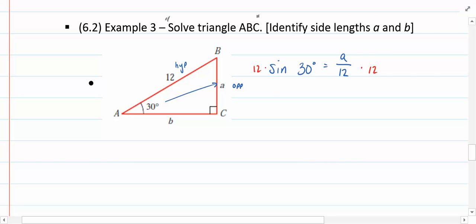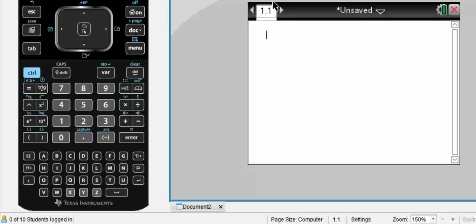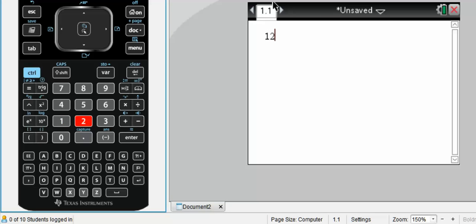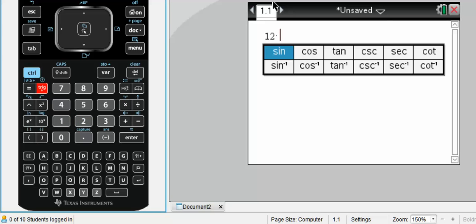This way I only need to go to the calculator one time, 12 times sine of 30 degrees, and that would tell me what a is. On my calculator, if I have the number 12 times sine of 30, to pull our sine calculation up, I'll click the trigonometric button here.